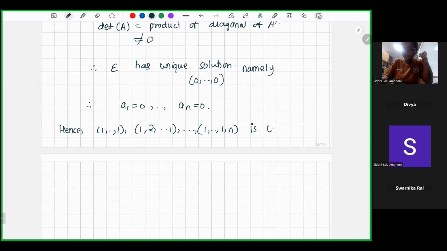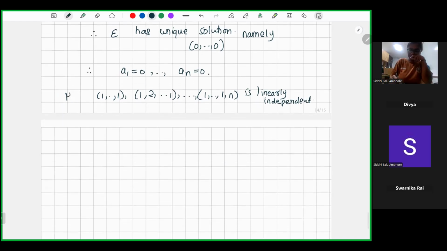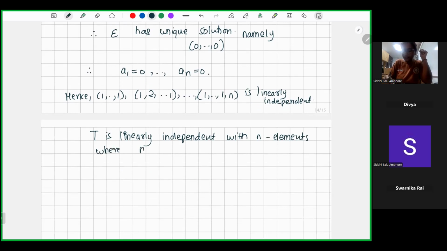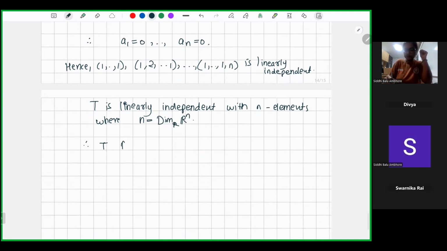Hence this set is linearly independent. So T is linearly independent with n elements, where n is the dimension of R^n. Therefore, T forms a basis.